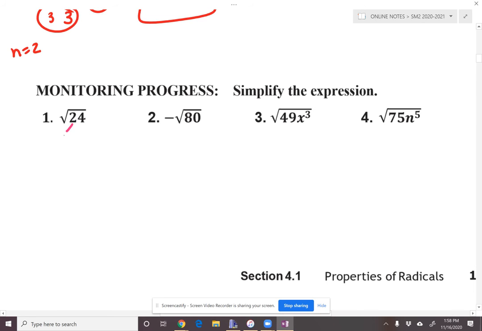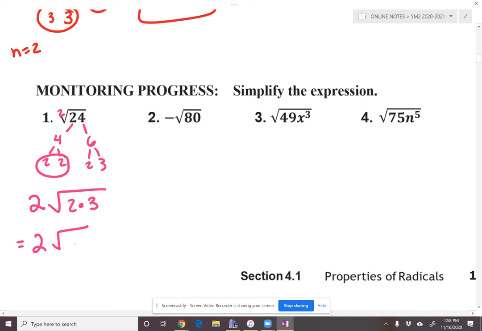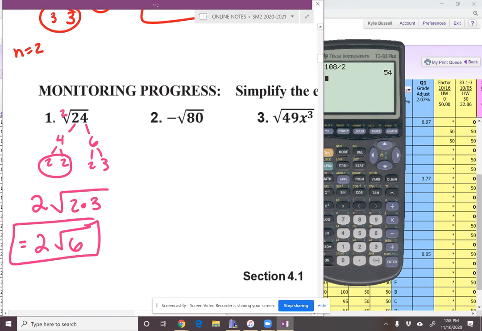When I think of 24, I think of 4 and 6, and 4 is 2 and 2, and 6 is 2 and 3. Because this is root size 2, I've got one group of 2's that comes out, and on the inside I have a 2 and a 3. So the best simplified answer is 2 square root of 6. I'm taking them apart with division, and I put things back together through multiplication.